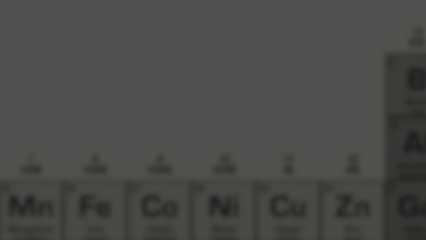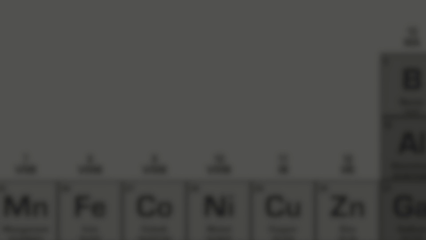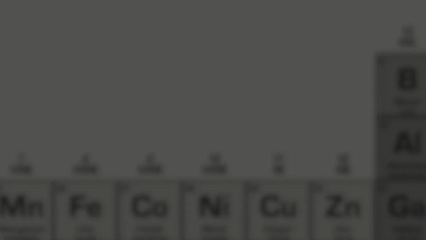The periodic table continues to evolve. New elements have been discovered and synthesized in laboratories, especially in the higher atomic number range. Elements with atomic numbers 113 through 118 were named relatively recently.